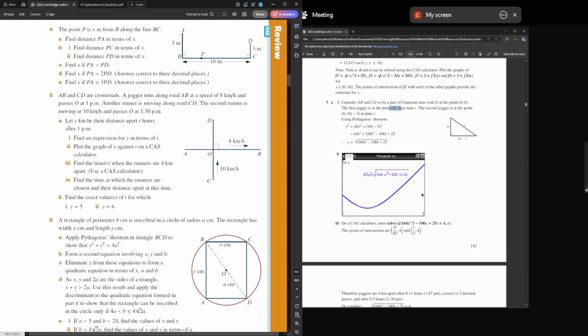The first jogger starts at 8t comma 0. The second jogger is at 10t minus 5. What's going on with that 10t minus 5?